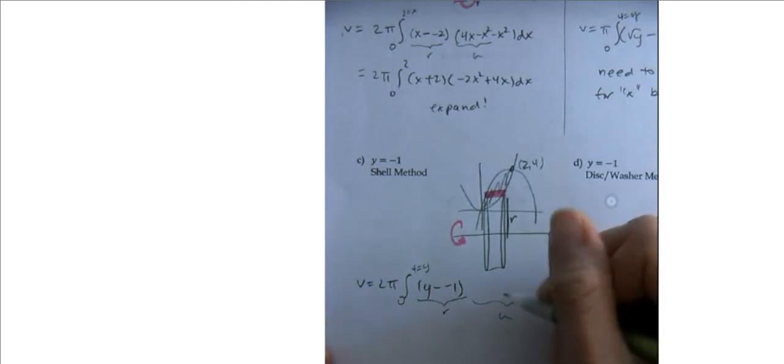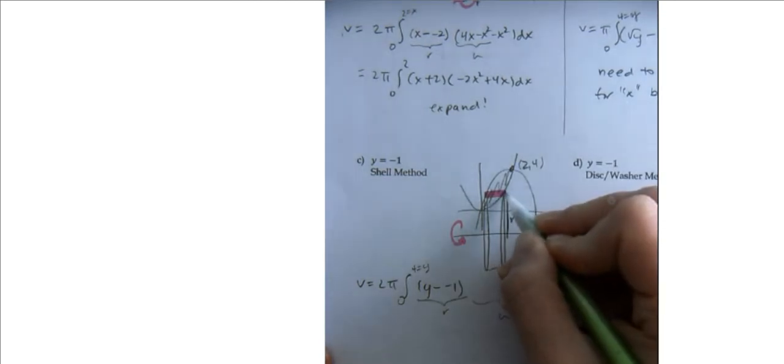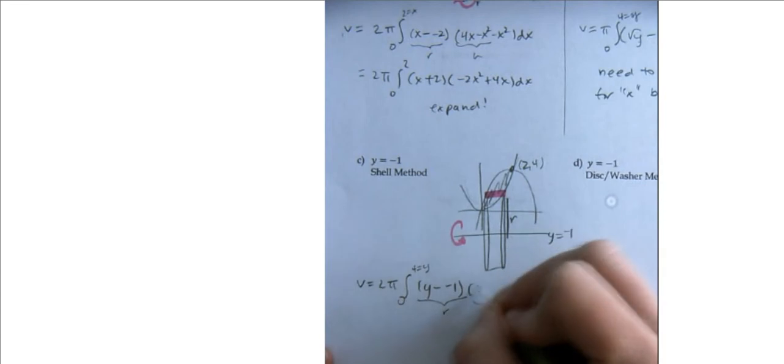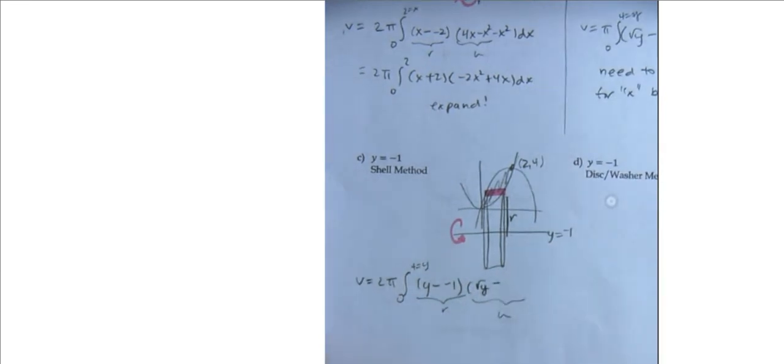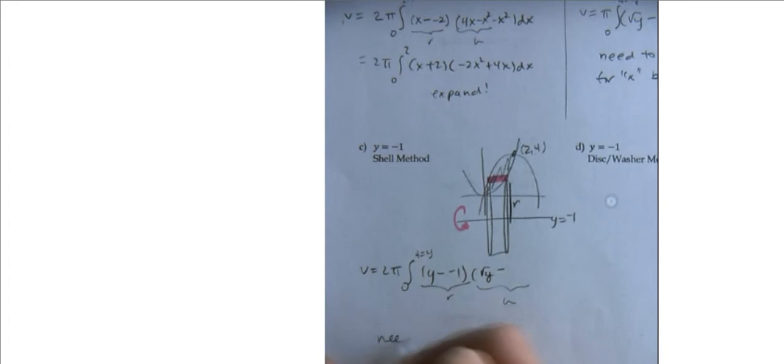Now I need a horizontal distance. I have to do right, which is this curve. So it's going to be root y minus, so now we need this left, but again, I have the same problem that I had before: I need to solve y equals 4x minus x squared for x, but I can't.